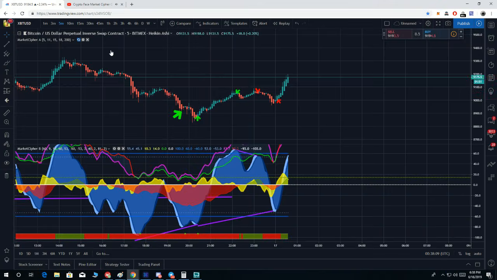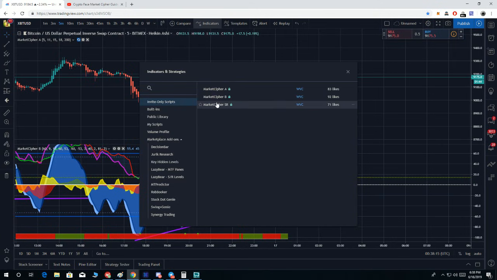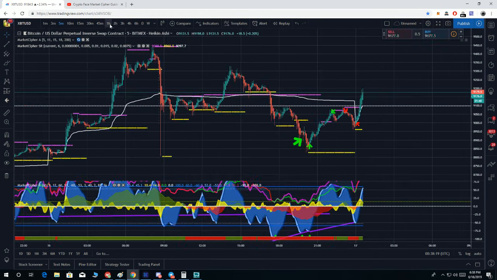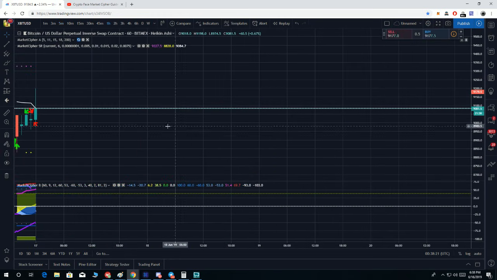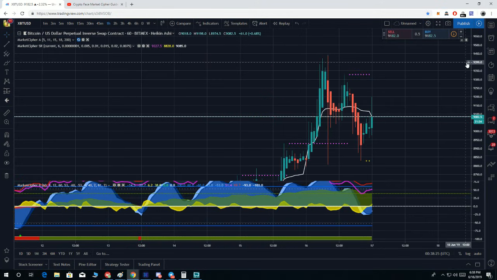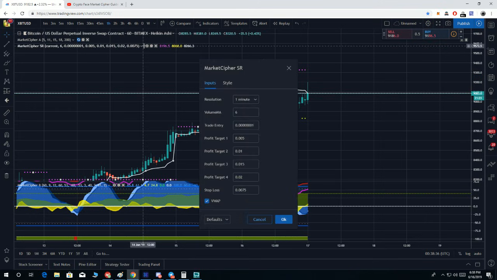Okay, this is important. So let's go ahead and open up Cipher SR. Let's say we're looking at the hourly. So on each time frame, what you want to do is go to the little cogwheel settings here on Market Cipher Support.